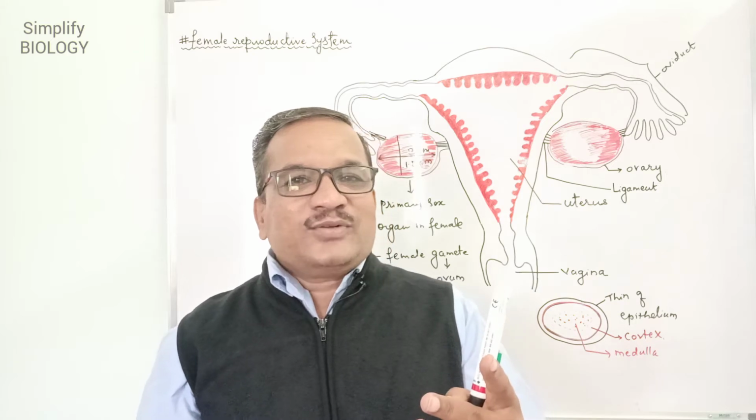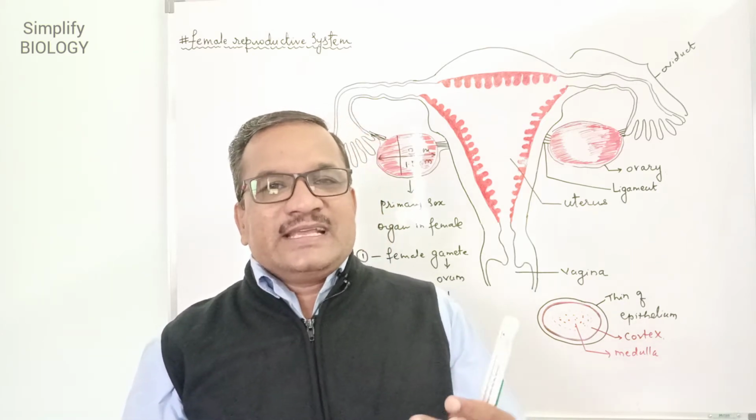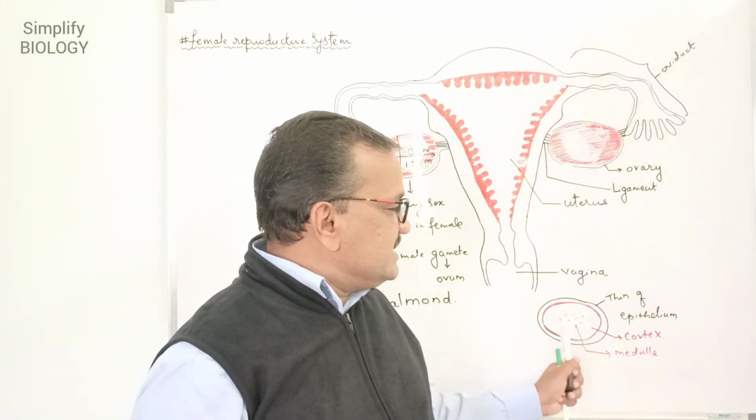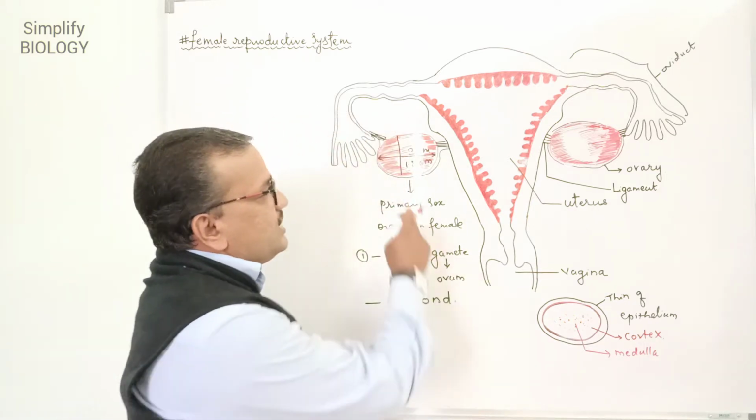The outer zone, present at the periphery, is called cortex, and the inner is called medulla.